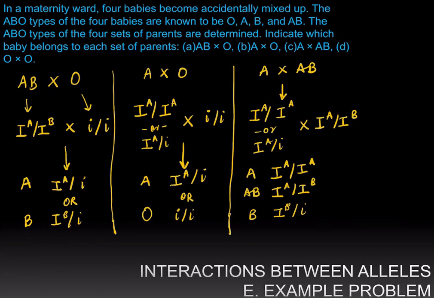And finally, we have the O crossed to O individual, and in this case we are crossing 2 little i homozygotes, and since they're both homozygotes, only one type of progeny is possible, that is little i over little i, or the O blood group.